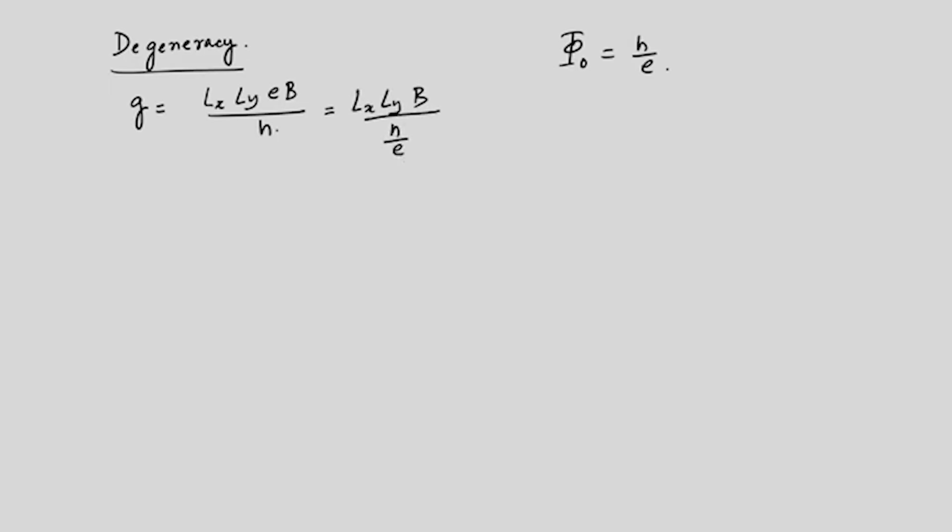And now, this Lx into Ly is nothing but A. So, this is B into A divided by phi 0, that is the flux quantum, and this really is the degeneracy that we talk about in the usual sense. So, this is nothing but phi over phi 0. Okay. This phi over phi 0 means the flux that threads the sample divided by the quantum of flux. So, that gives you the degeneracy of this.